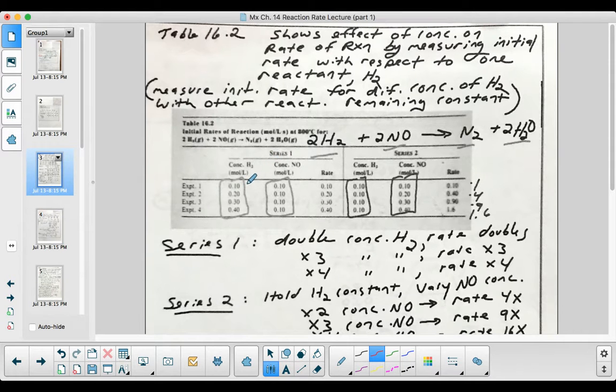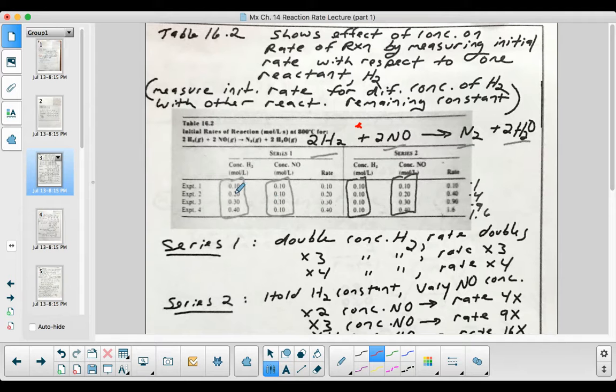In this reaction, I need to hold the concentration of one of my reactants constant, which makes sense, right? In order to figure out how one reactant affects the rate, you're going to have to change just one at a time. That's what this effectively does.